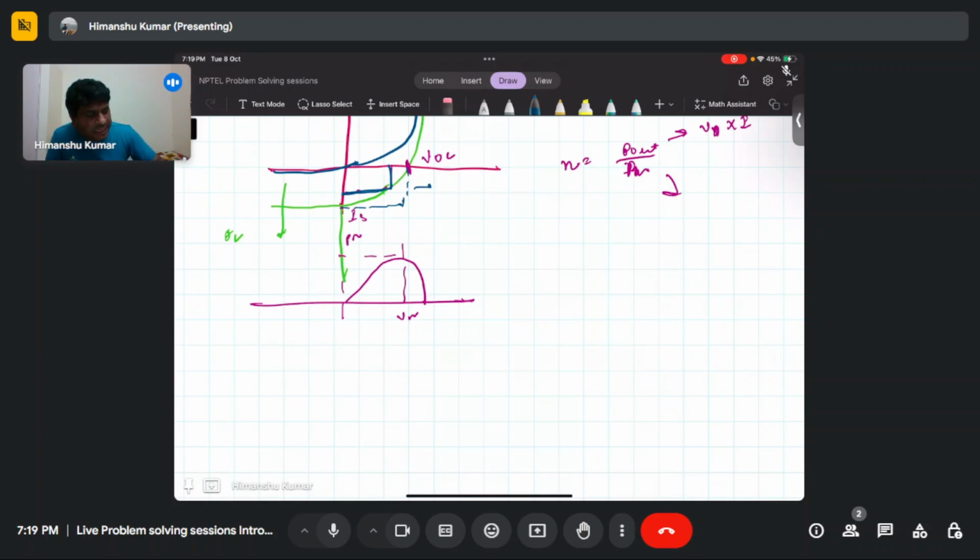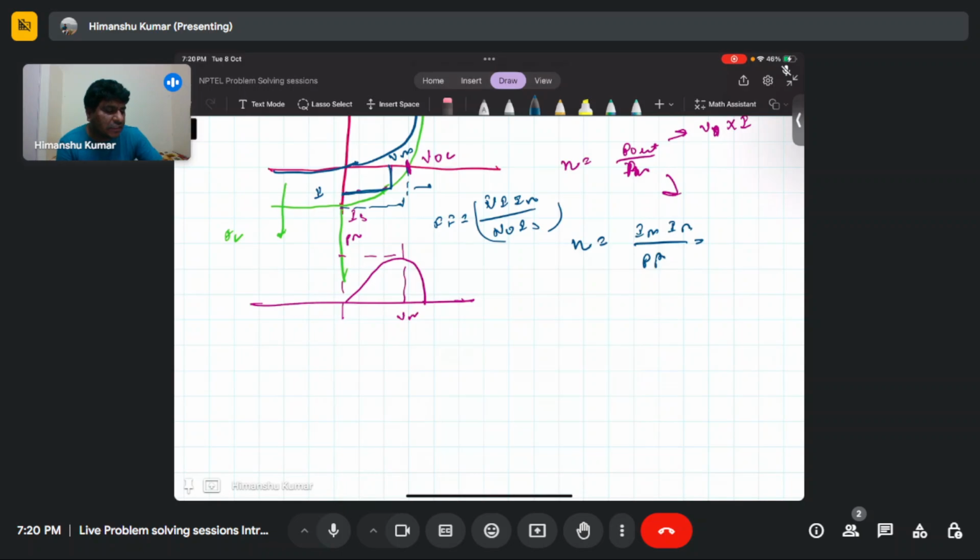The efficiency is defined by V_m and I_m divided by the input power, and the fill factor is defined as V_m I_m divided by V_OC I_SC. How large this area is compared to the area bound by your open circuit voltage and short circuit current determines your fill factor, and you can write the efficiency in terms of the fill factor: V_OC times I_SC divided by power input, times the fill factor.